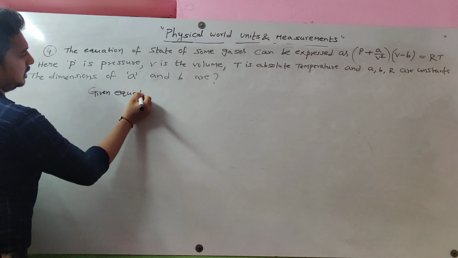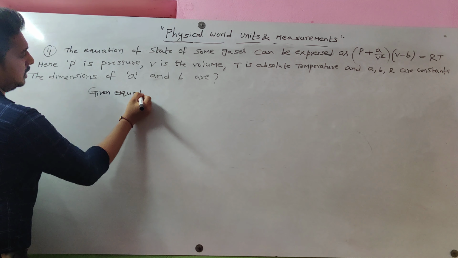What we need to find is the dimensions of A and B. Whenever a question like this is given, finding dimensions of A or B, the initial step is simple.